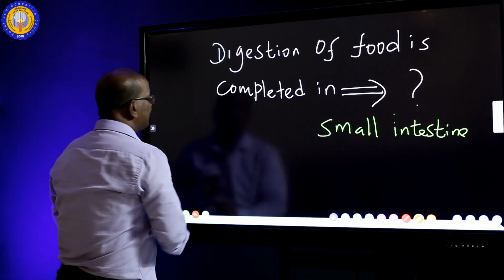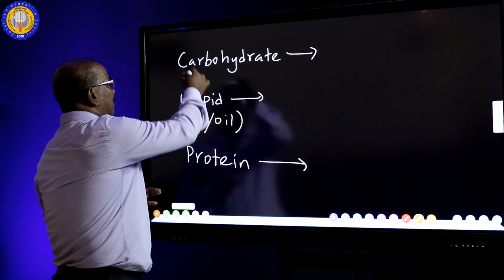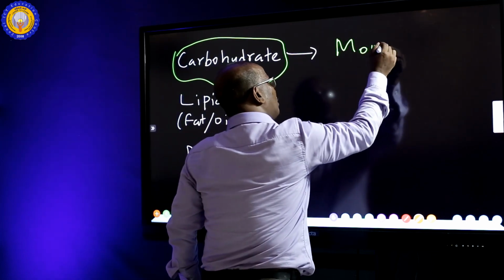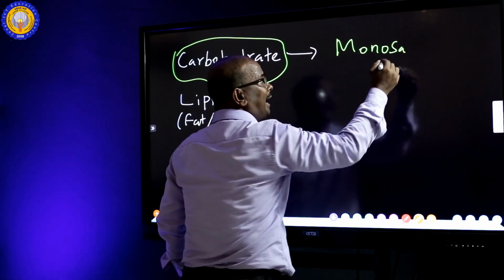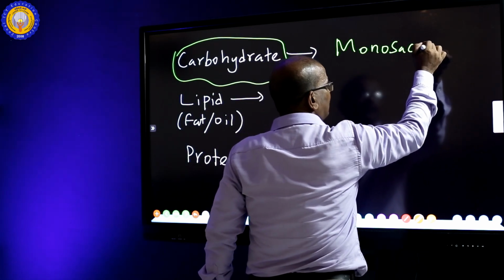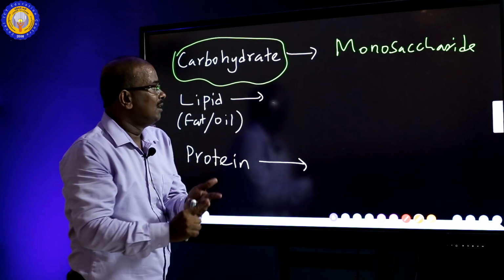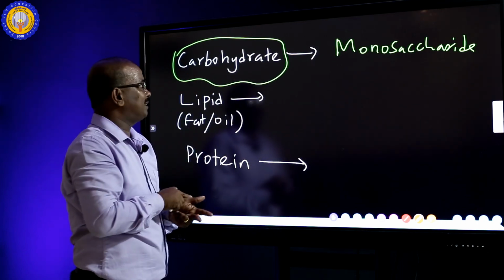The second function relates to the end products. Carbohydrate end products are monosaccharides: glucose, fructose and galactose.